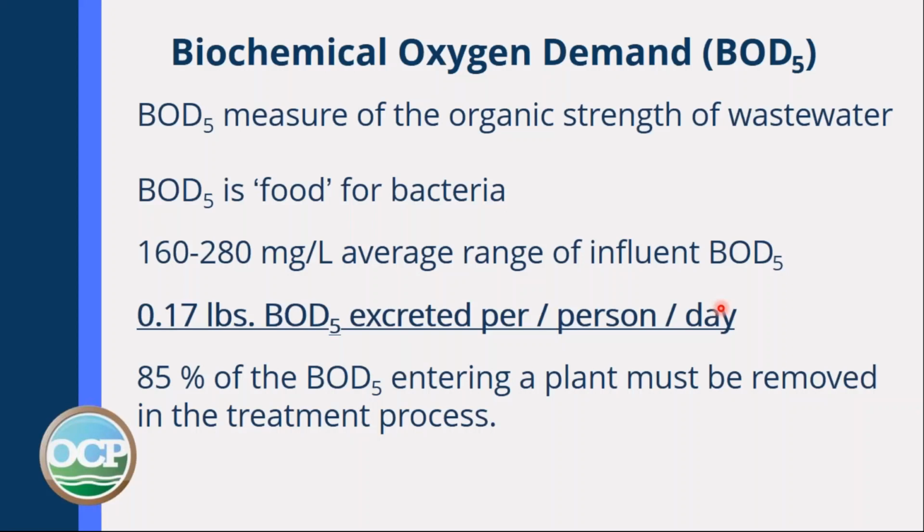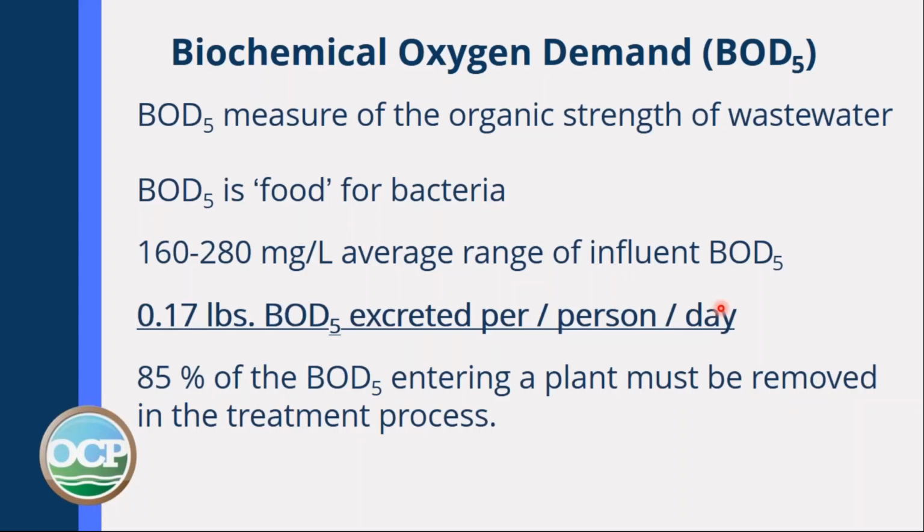On average, the range of influent BOD in the manual and for the purposes of this class is 160 to 280 milligrams per liter. Your mileage may vary out of that sometimes, but again, we can say essentially that every person per day is going to add 0.17 pounds of BOD into their toilets and sinks.